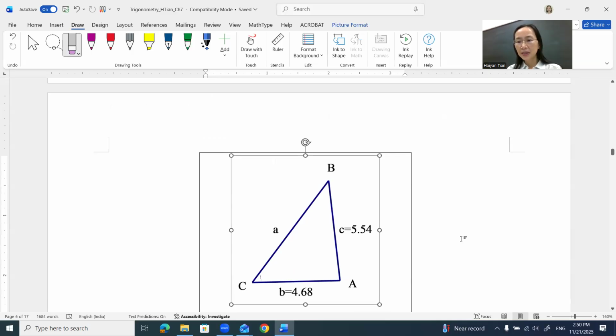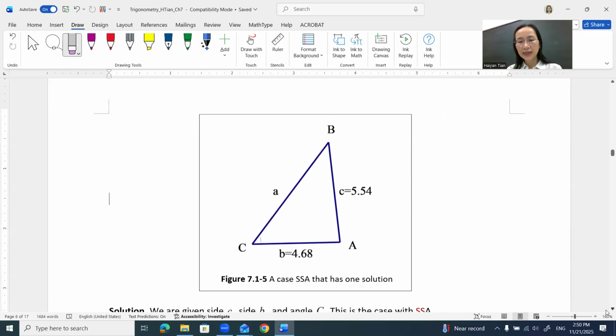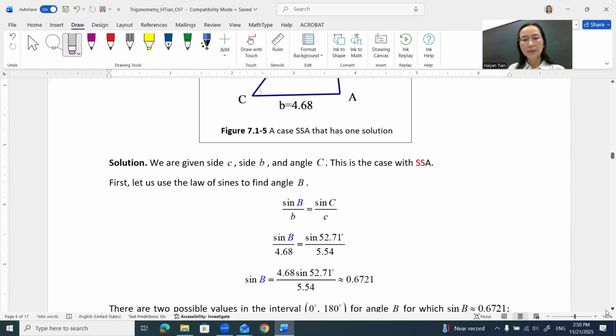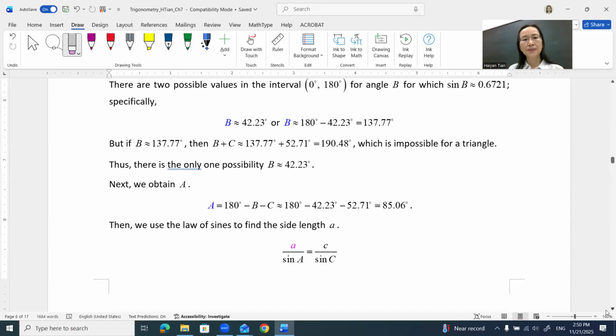okay, so this B, do we have capital B? Okay, yes. When this B is obtuse, it's actually impossible. We discovered that it is impossible for B to be obtuse because C is given as 52 degrees.